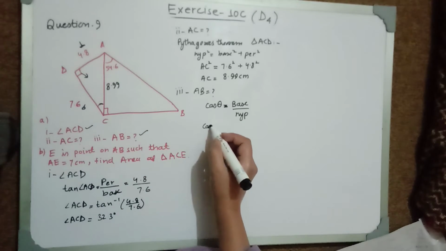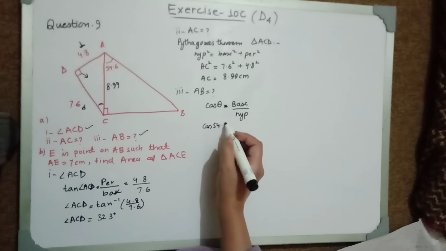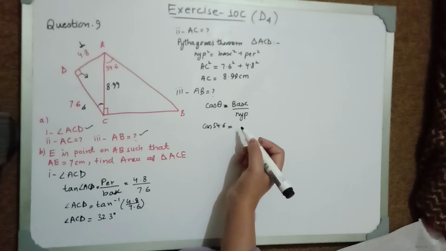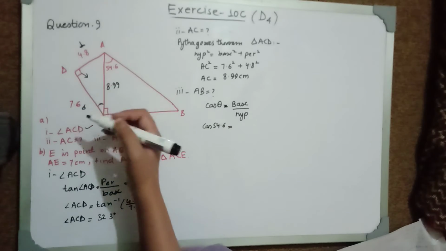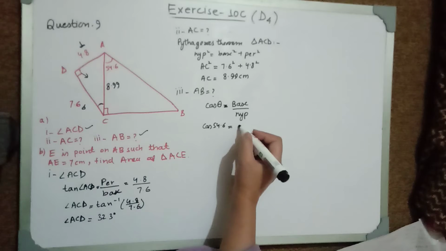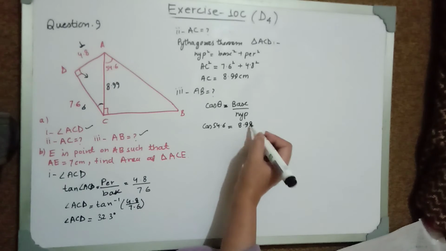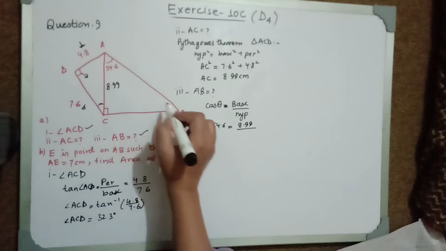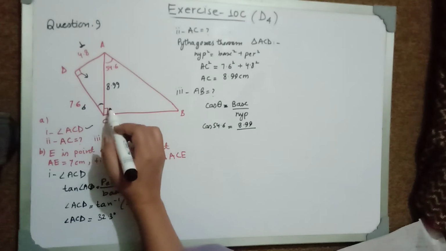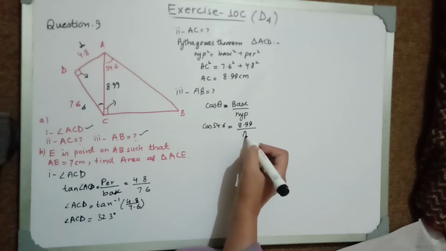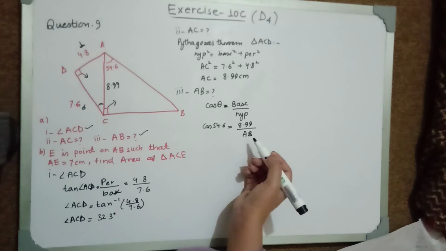So I will write here that cos of 54.6 is equal to base, which in this case is of course AC, which contains both angles, so I write here 8.99 over hypotenuse, which is of course the side opposite to this 90-degree angle, the side AB. And that's what we need to find.